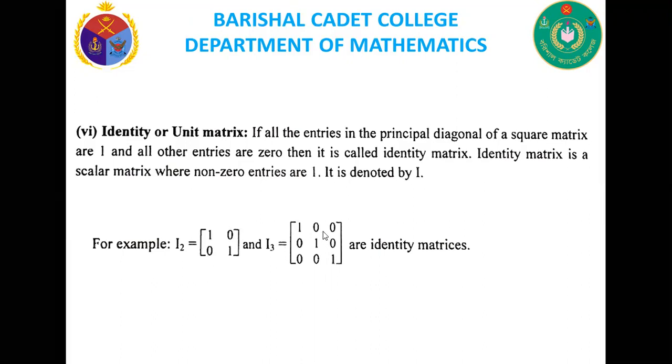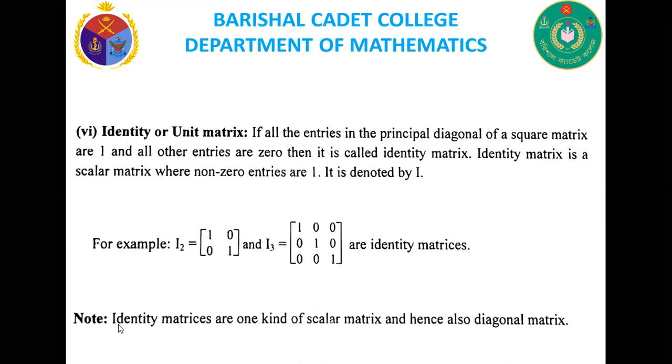This is an identity matrix of order 3. Here you see 1 0 0, 0 1 0, 0 0 1. These are the examples of identity matrix or unit matrix. And identity matrices are one kind of scalar matrices and hence also diagonal matrices that I have already discussed.